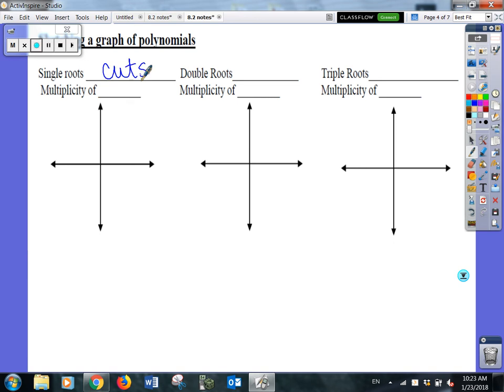A double root bounces through the x-axis, and a triple root flattens through the x-axis. Maybe curves, bends. Those might have been words your Algebra 2 teacher used. But those are the only three that we would expect you to be able to graph. So something that cuts might look like this.